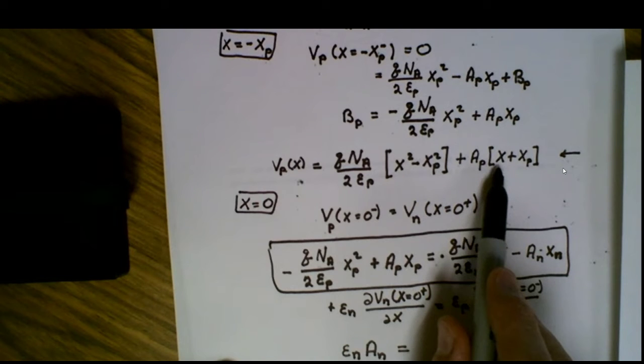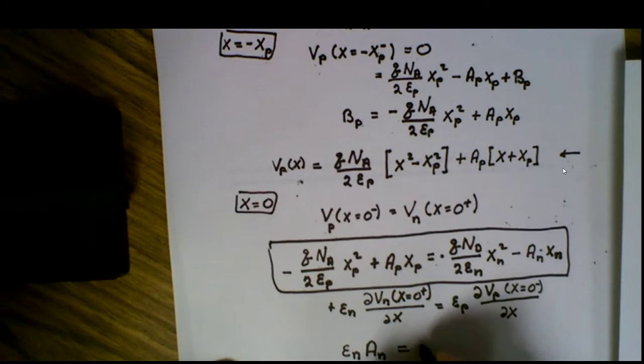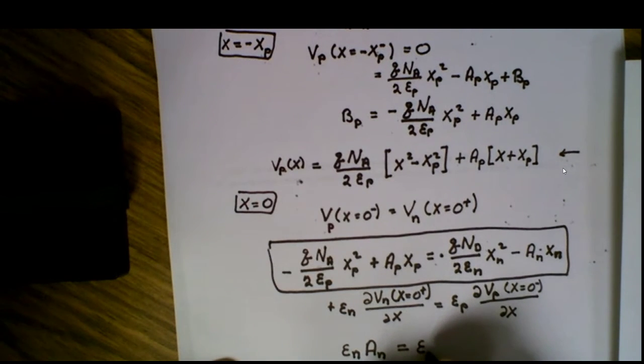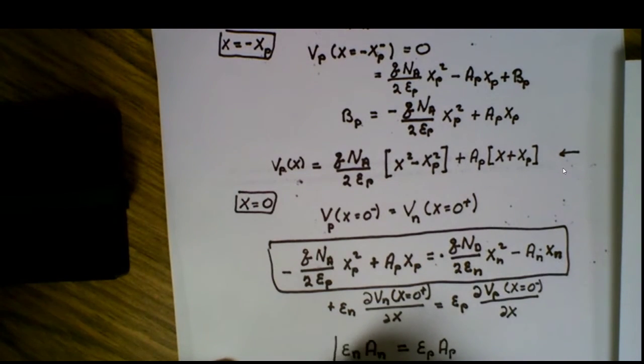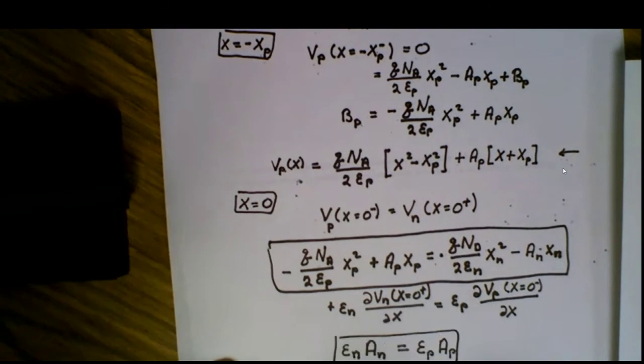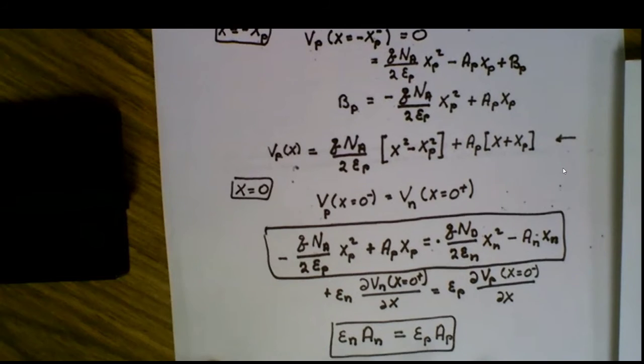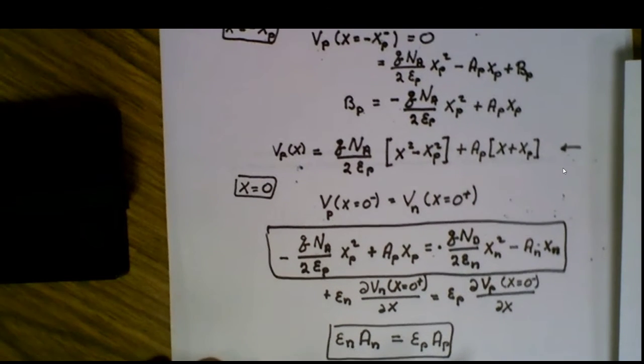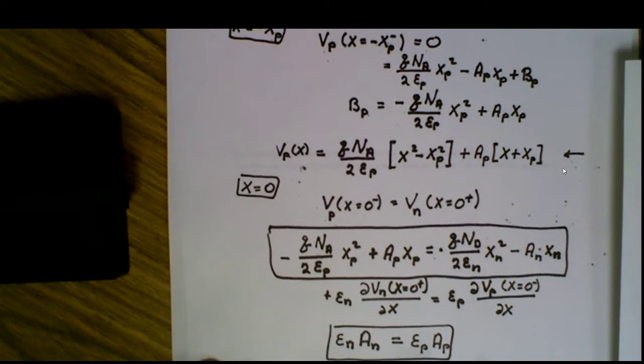And this term, the derivative of x is equal to 1, and that's going to give us the permittivity of our p material times a sub p. So that's our second condition. We now have two equations and two unknowns, and hence we can solve for our solution.